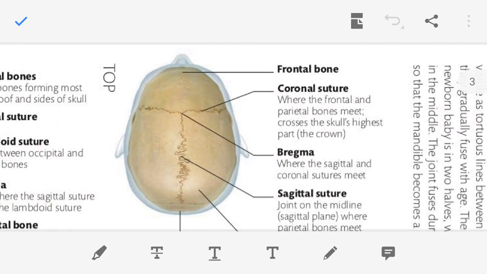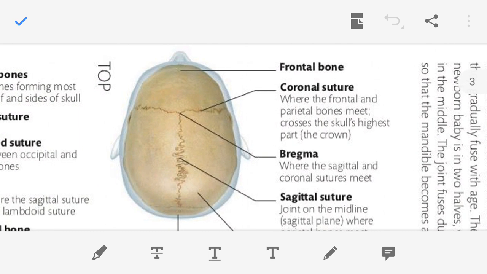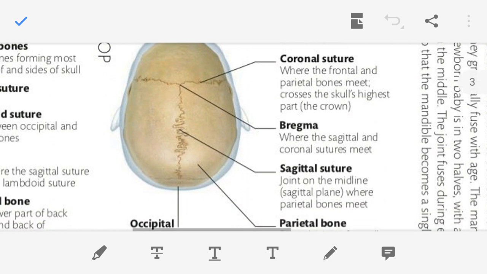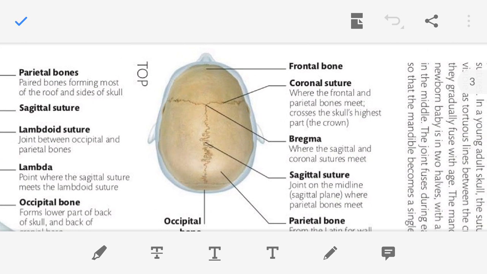Then the coronal suture. Now where is this coronal suture present? Between the frontal and parietal. This is the frontal and these are the parietal. So where the frontal and parietal bones meet, the coronal suture is present. Then the sagittal suture.